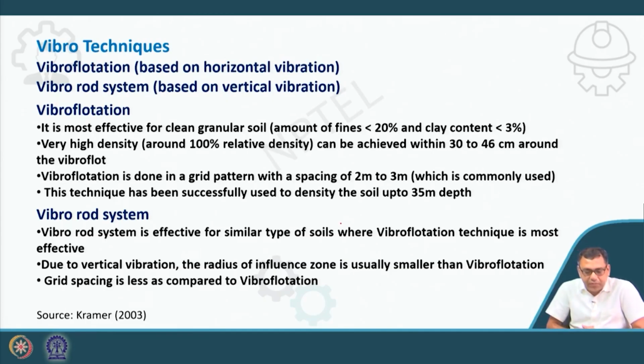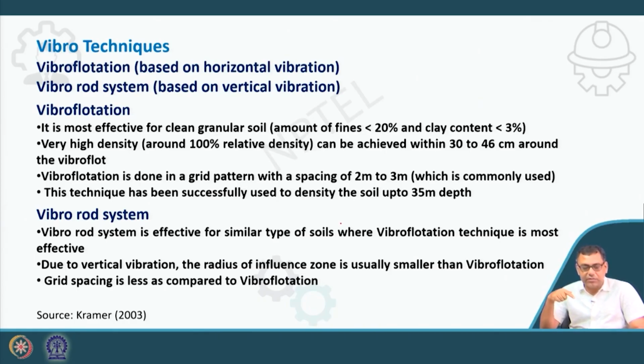First, vibro flotation is most effective for clean granular soil, where the amount of fines should be less than 20% or clay content should be less than 3%. Very high density, around 100% relative density, can be achieved within 30 to 46 centimeter around the vibro float.